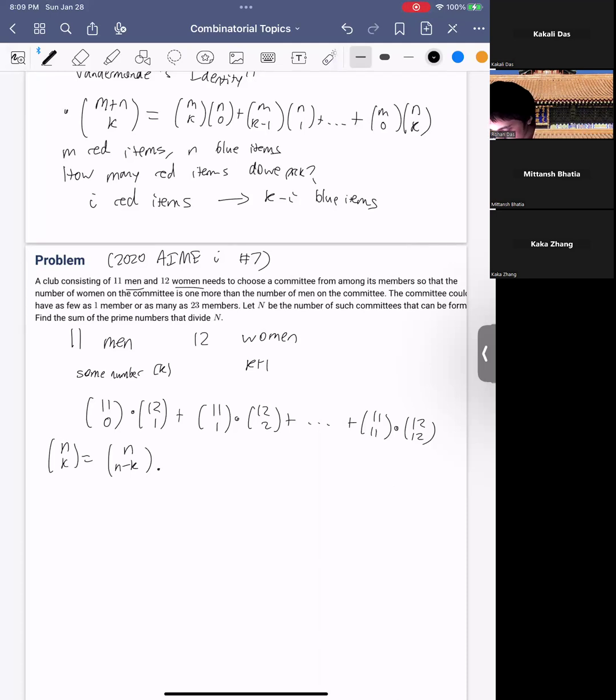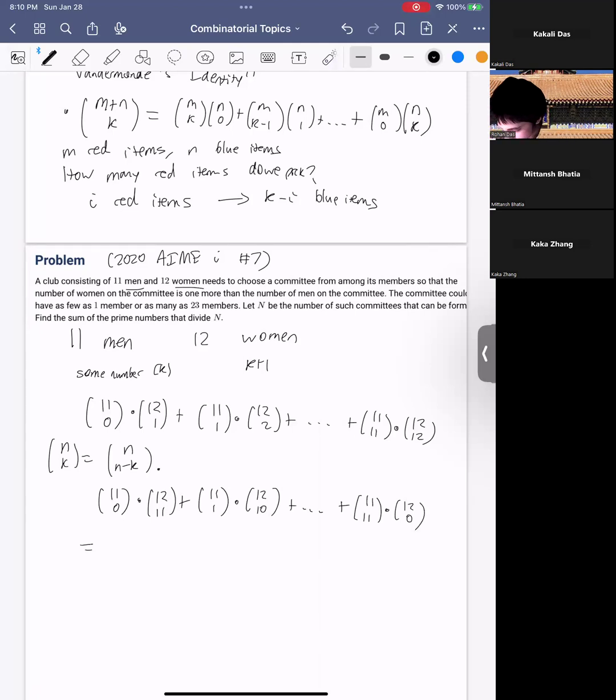So instead of thinking how many women we pick, we can think about how many we don't pick. Then we have 11 choose 0 times 12 choose 11, plus 11 choose 1 times 12 choose 10, until 11 choose 11 times 12 choose 0.